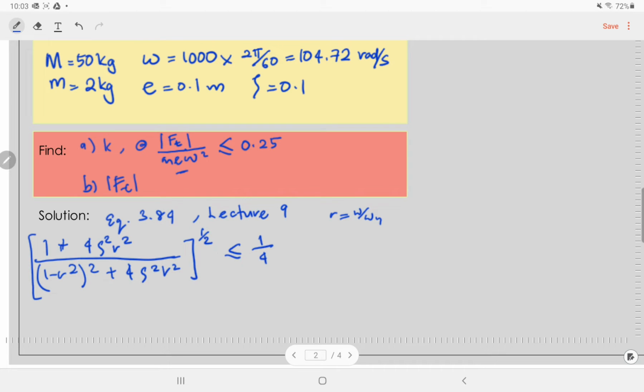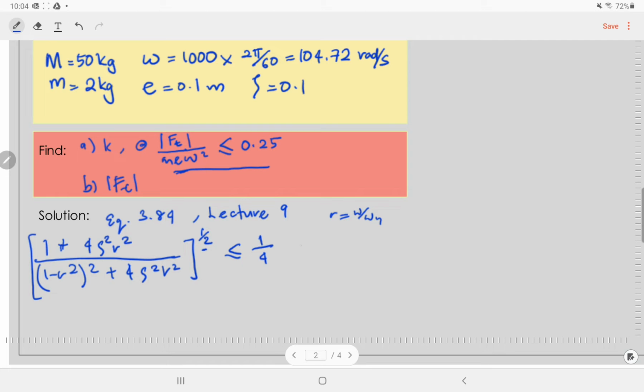Okay, so basically this equation comes from the condition that we have set from the question. So this is the equation. So how do we actually rearrange everything? So basically you have here to the power of half. That means to remove that, you have to square each side of the equation in order to remove the square root. To the power of half means it's a square root.